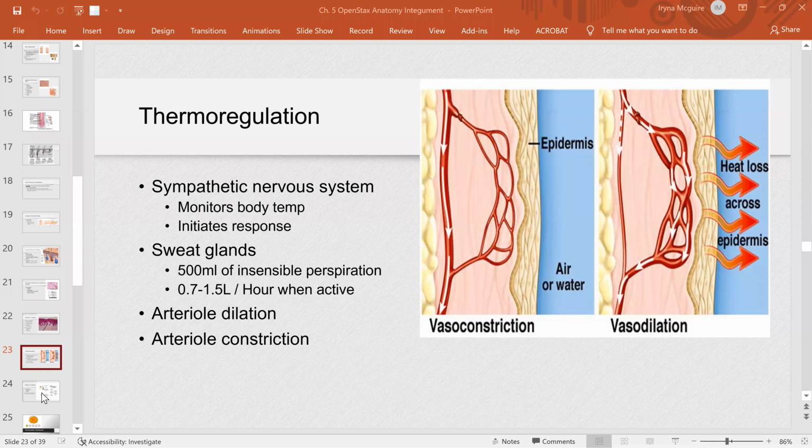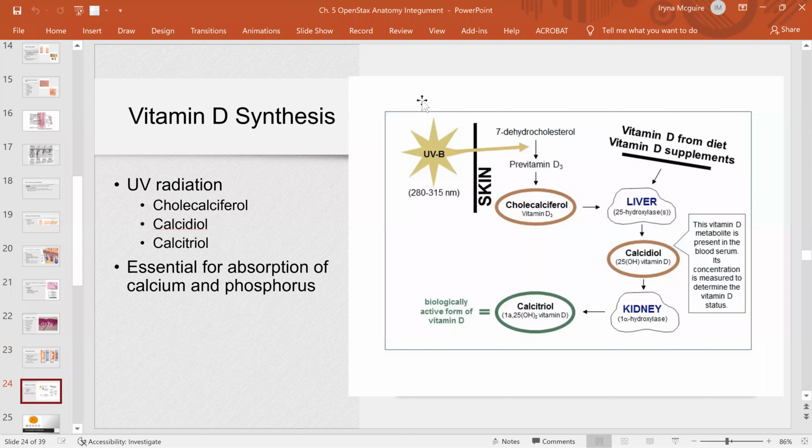And another function of your skin is metabolic function, including vitamin D synthesis. You need UV radiation to help you with vitamin D synthesis. So first, why do you need vitamin D? Because it's essential for absorption of calcium and phosphorus.